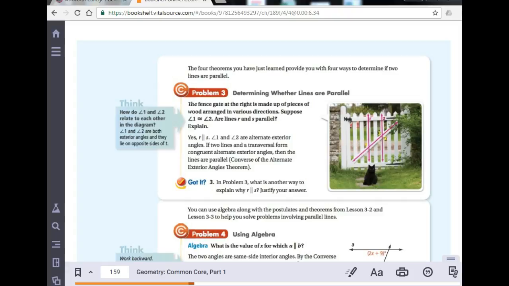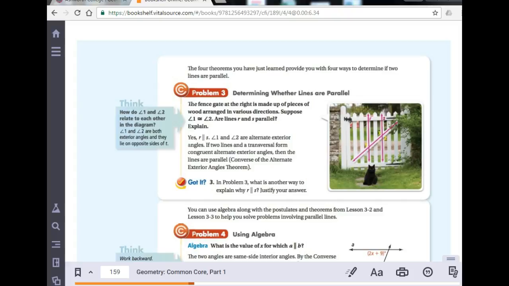So because it told us right here in statement 1 that angle 1 is congruent to angle 2, then since 2 and 3 are equal to each other, angle 1 is congruent to angle 3. We've called that the transitive property. If 1 and 2 are congruent, and 2 is congruent to 3, then 1 and 3 are also congruent.